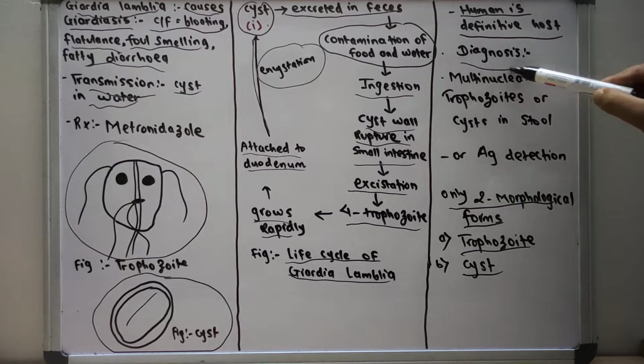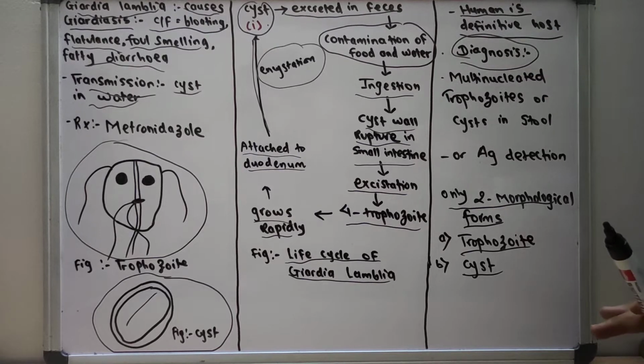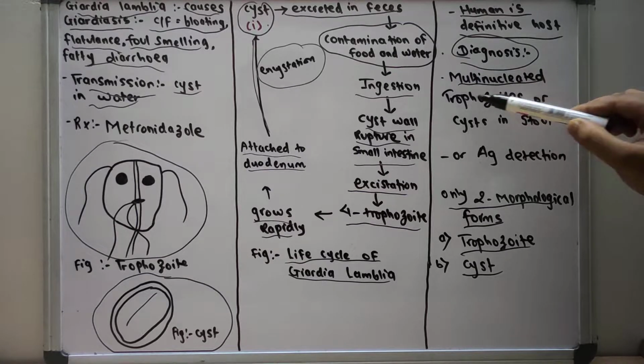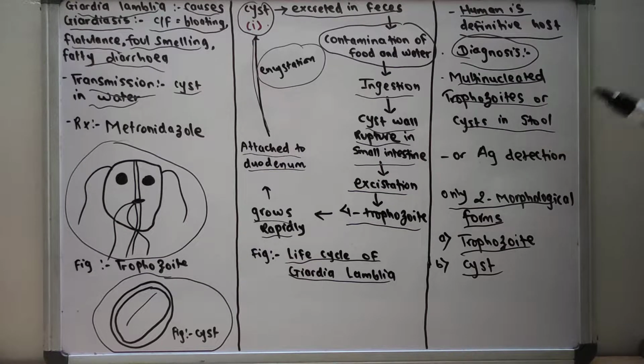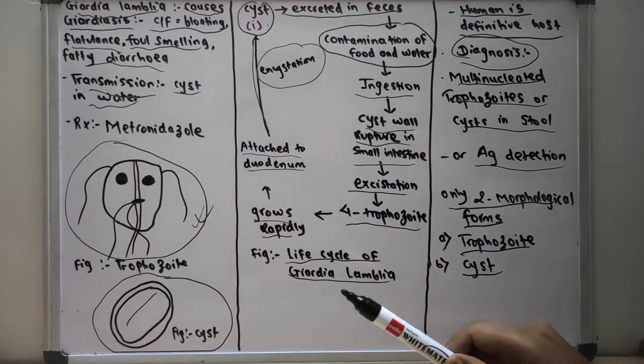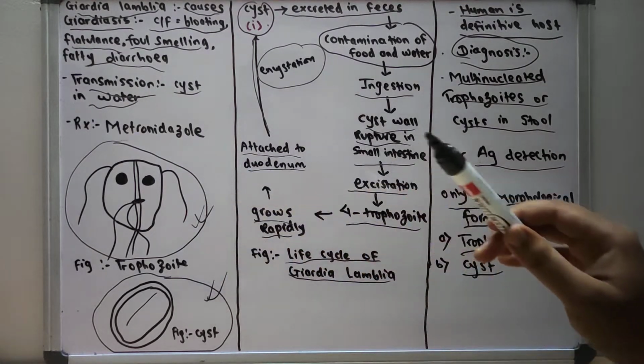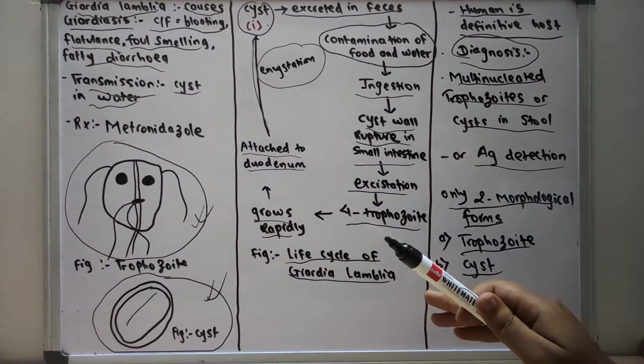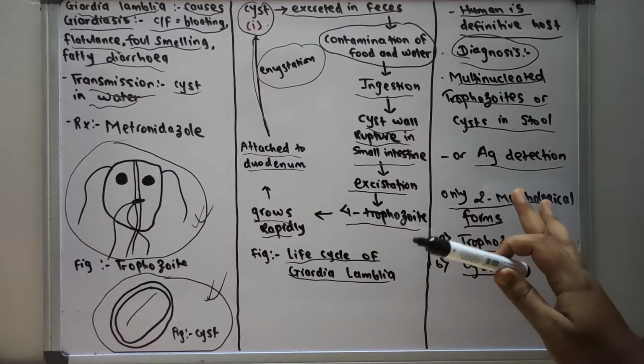The diagnosis of giardiasis can be done through the multinucleated trophozoites or the cyst in the stool, or there could also be antigen detection. In the saline test, if we encounter this type of trophozoite or this type of cyst along with the clinical features, then we confirm it is Giardia lamblia.